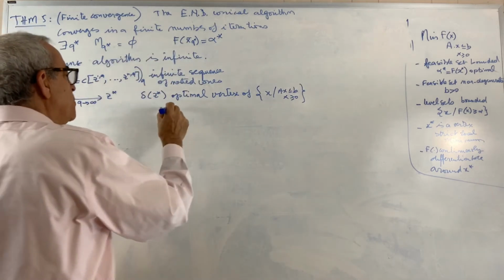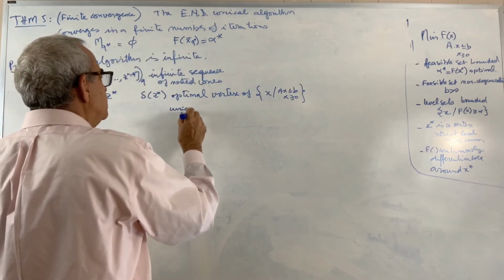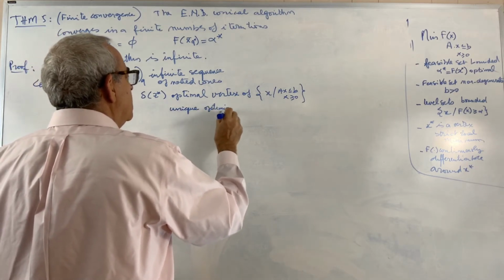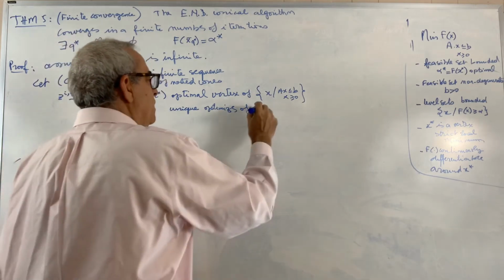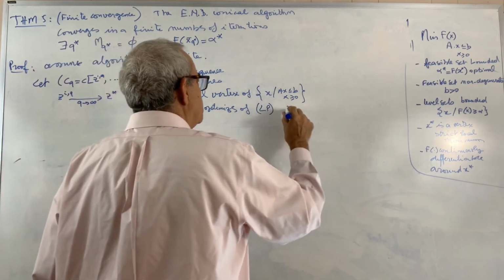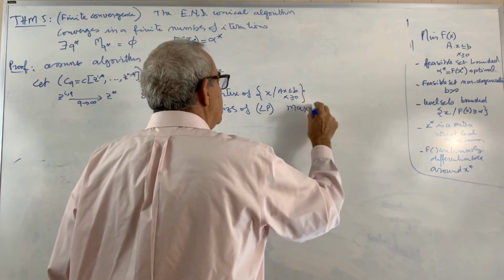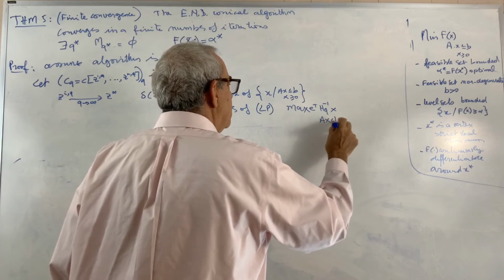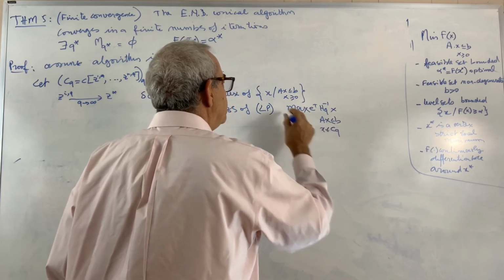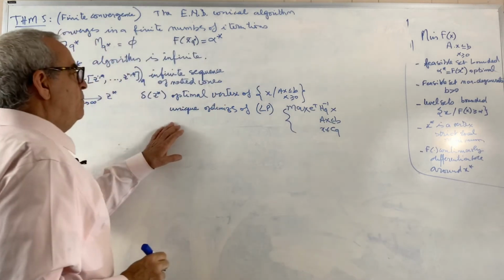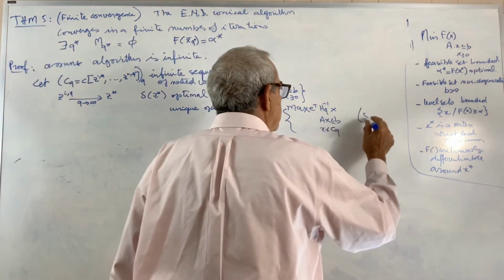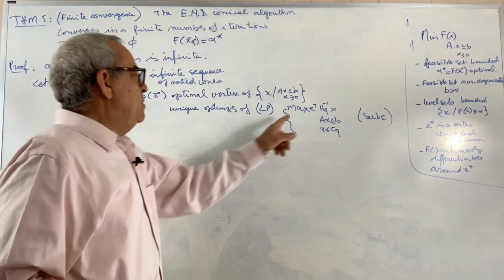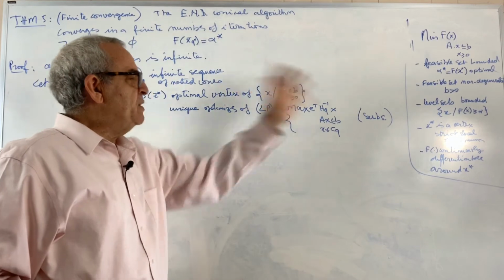And also it's a unique optimizer of the LP, that is maximum E transpose HQ minus 1 X subject to AX less or equal to B, X belonging to CQ. All right. And this is subsequentially if necessary. In other words, it may not be valid for every Q, but for infinitely many Qs it's valid.